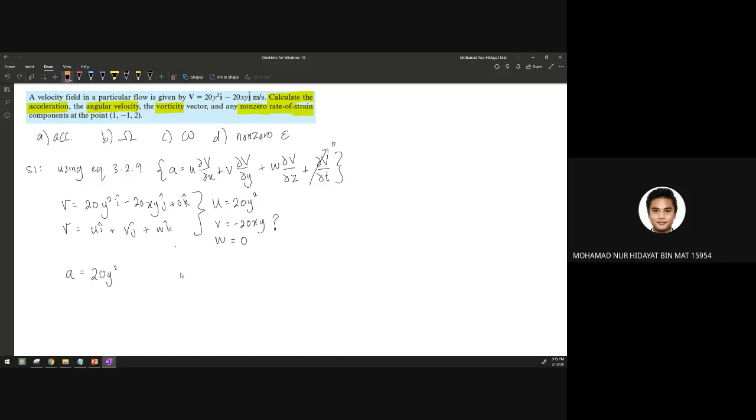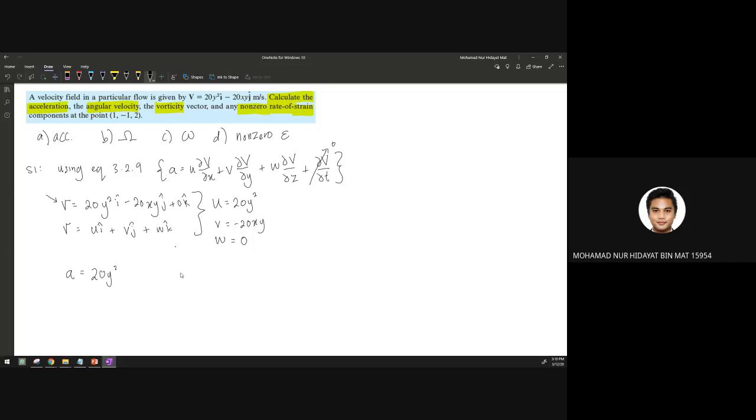Remember, our velocity here refers to the capital velocity. Here we differentiate in terms of x. This is not in terms of x, so it becomes a constant, and differentiating a constant gives 0. You differentiate one by one.